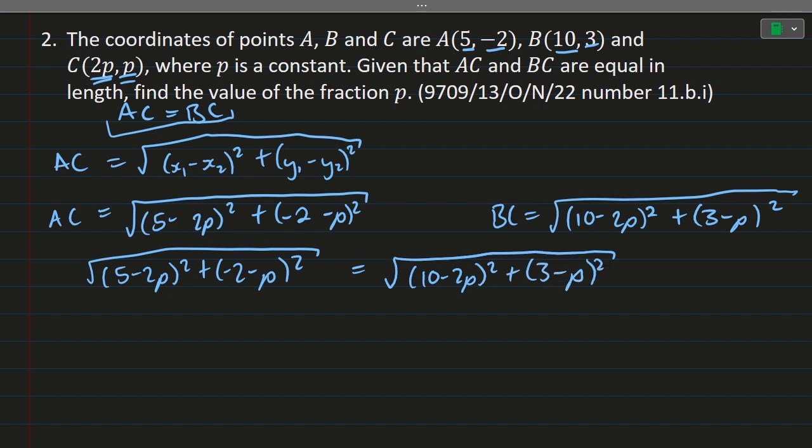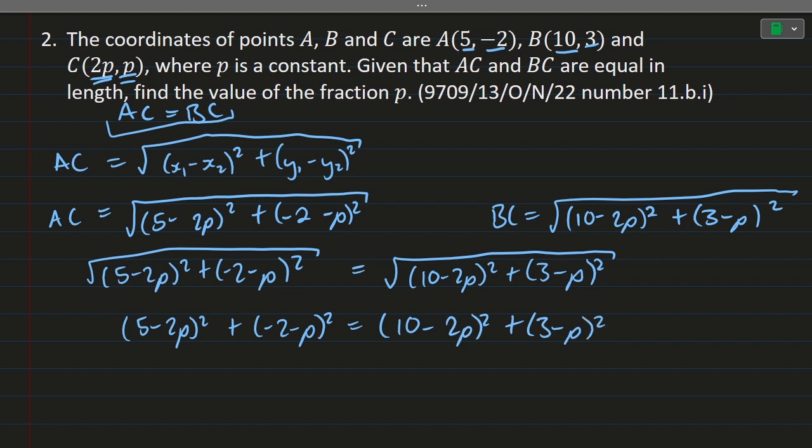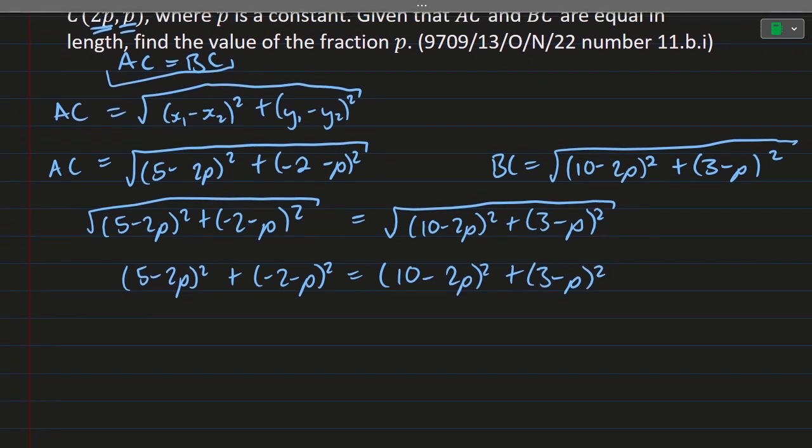So we can square both sides to get rid of the square root sign, and it would become 5 minus 2p squared plus 2 minus p squared is equal to 10 minus 2p squared plus 3 minus p squared. Now let's expand these brackets.